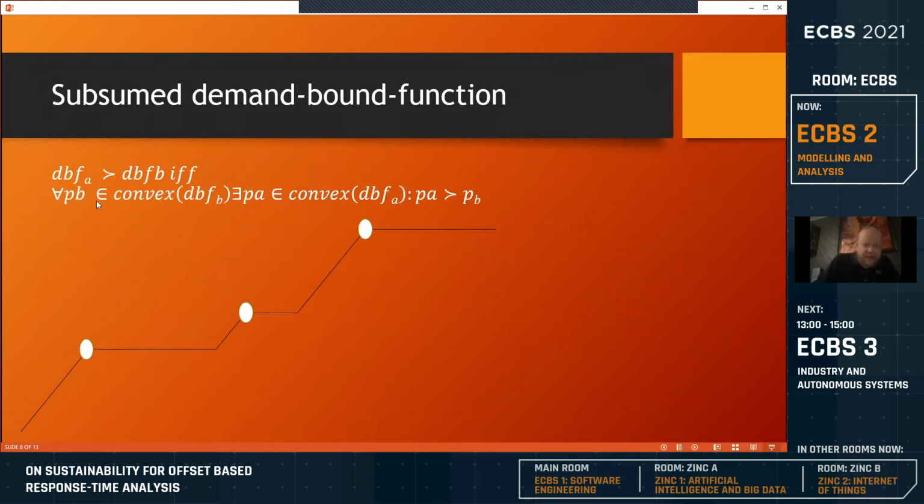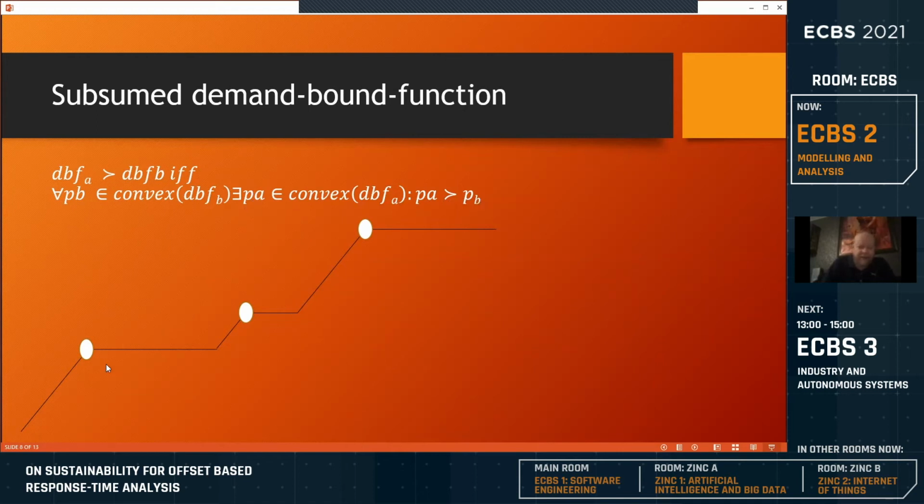It basically says that the bound function A subsumes the bound function B if and only if for every PB in the convex corners of DBF B, there is a convex corner of the DBF A so that PA subsumes PB.